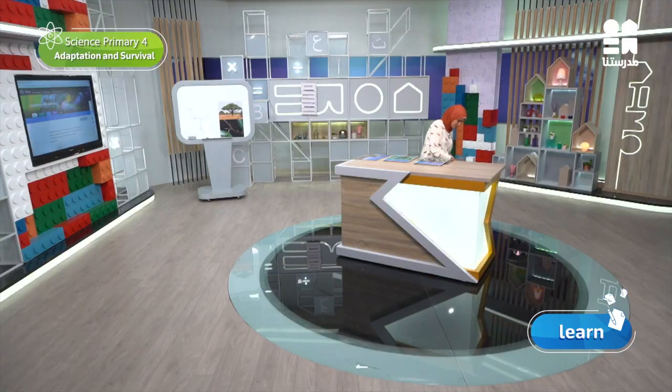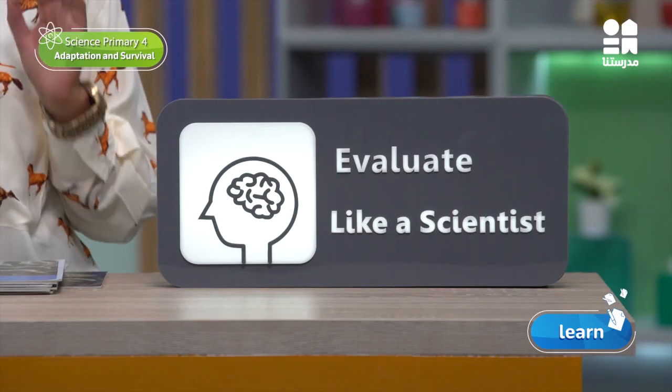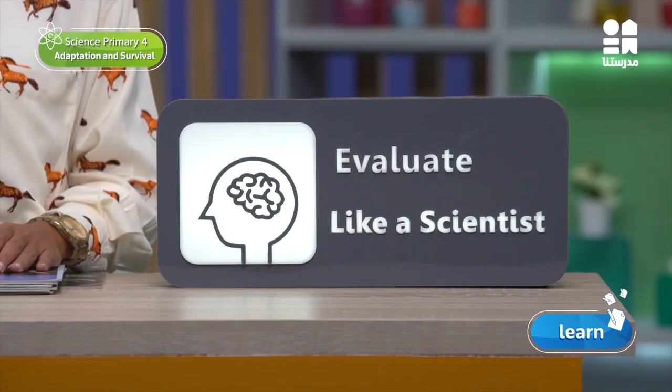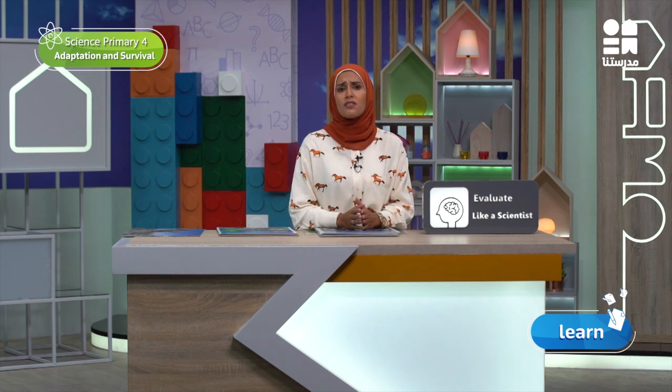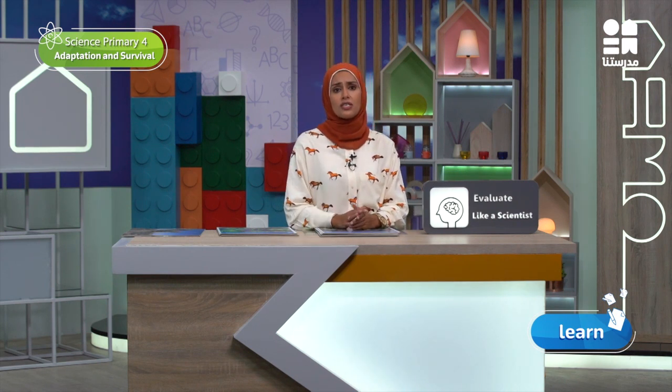This leads us to our last task in activity 8. Evaluate like a scientist. In Evaluate Like a Scientist, we will evaluate our knowledge about adaptations in different plants and how they help them survive their environmental conditions.